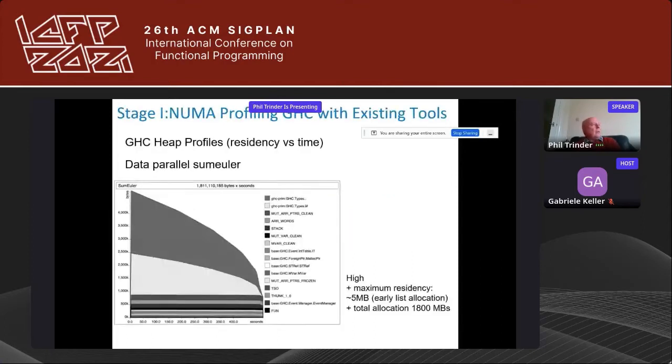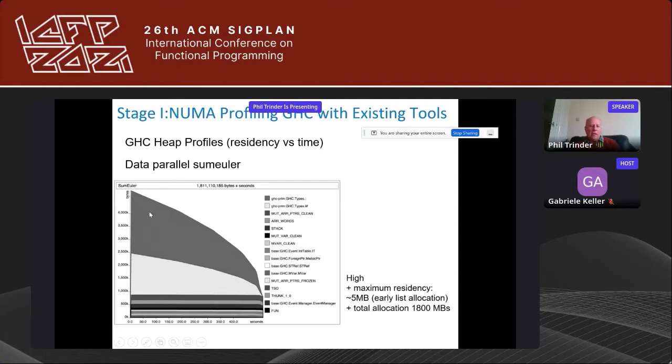So the first stage of our investigation was to use existing tools to profile what these programs were doing on Numa. And the first profiles I'm going to show you are GHC heap profiles that plot residency against time. So execution time is on the x-axis, and residency measured in bytes is on the y-axis.